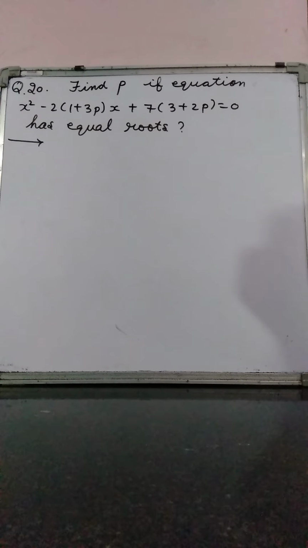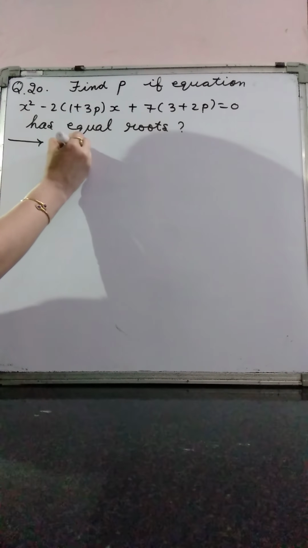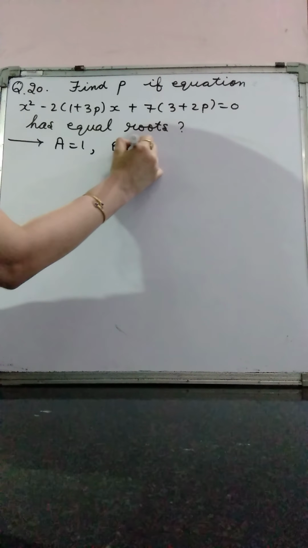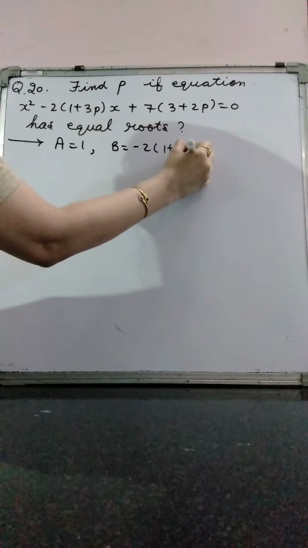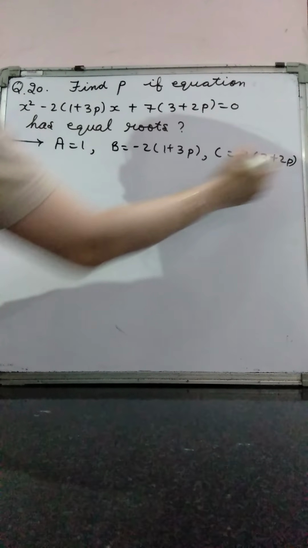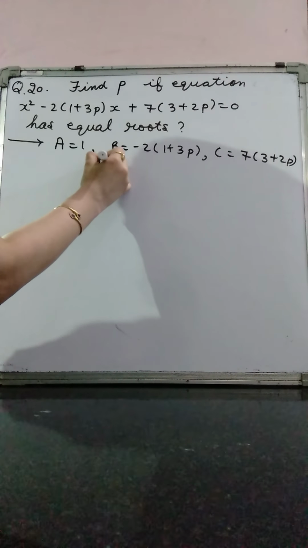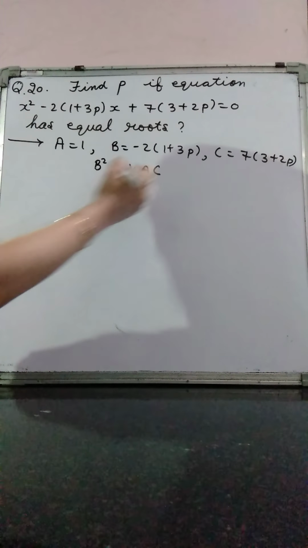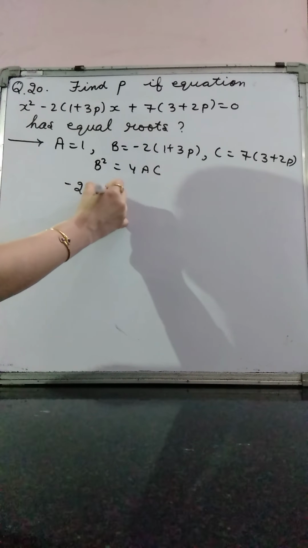Now next, find p if this equation has equal roots. First of all compare and write the values of a, b and c. For equal roots, the condition is b square is equal to 4ac. Now substitute values.